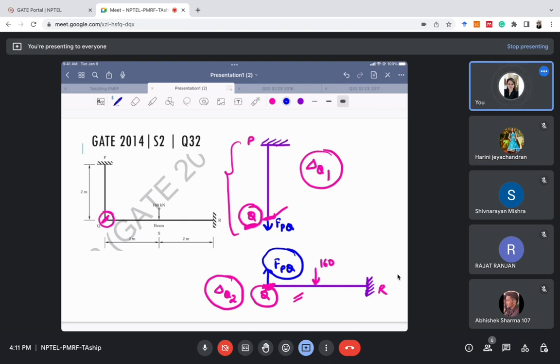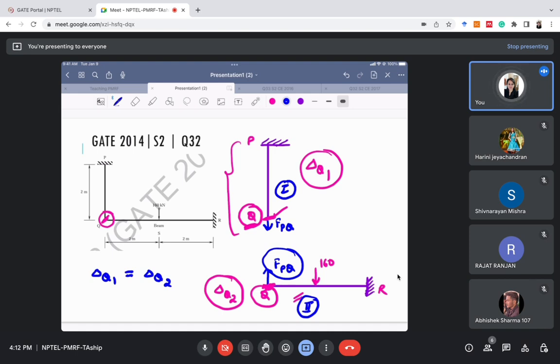So the compatibility condition I'm going to use is delta Q1 equals delta Q2, that is, the deformation of point Q in structure 1 is equal to the deformation of point Q in structure 2. Why is it so? It is so because these two points are actually attached in the original structure.